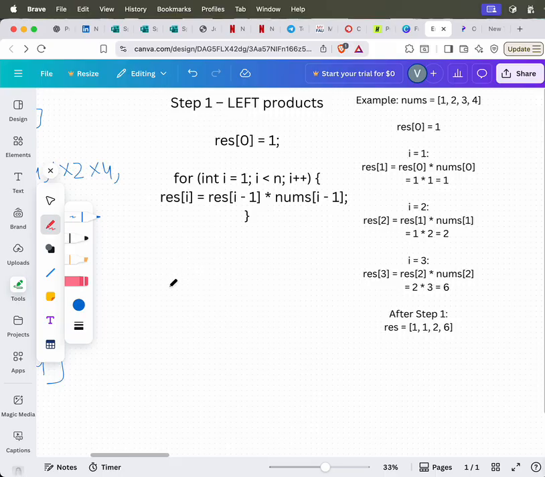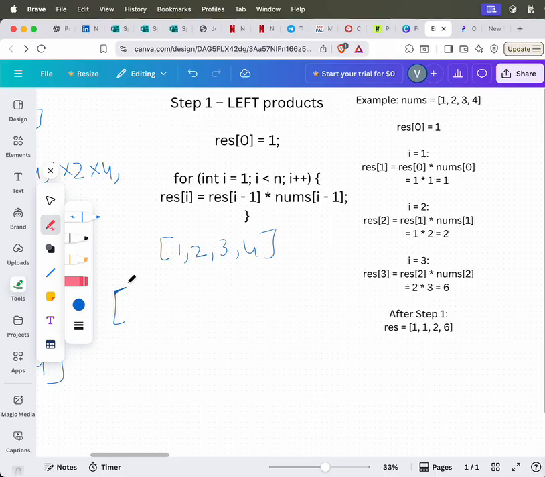The reason I am taking left is, we have these numbers 1, 2, 3, and 4, right? Now try to multiply the numbers on the left of each number, except that number.